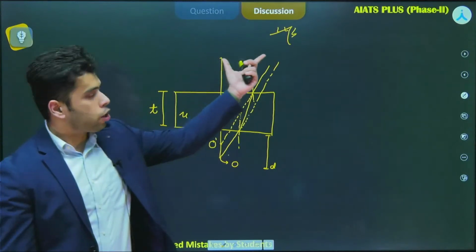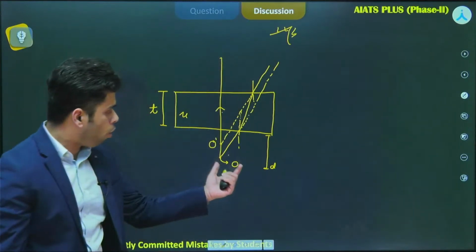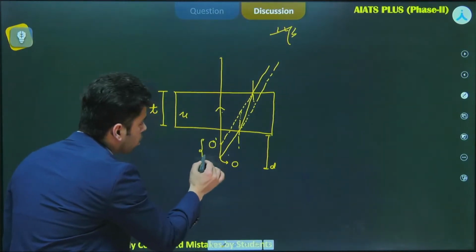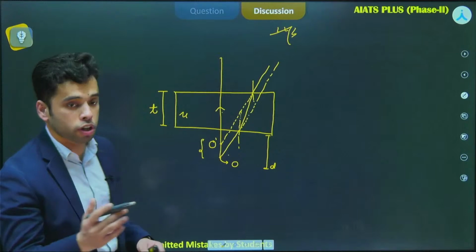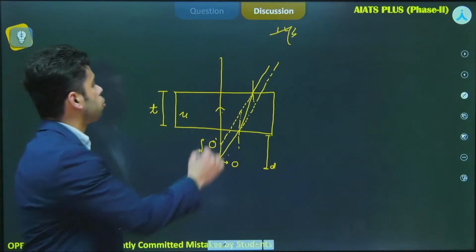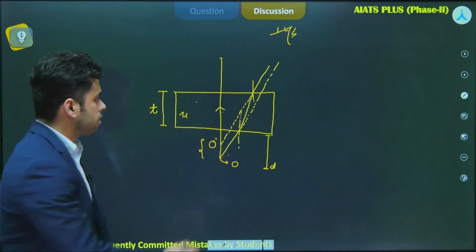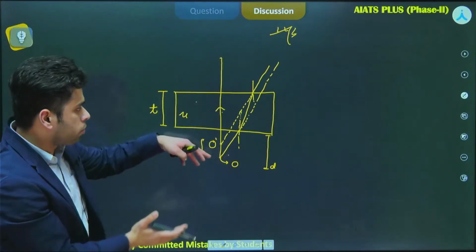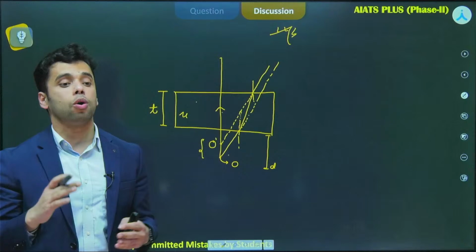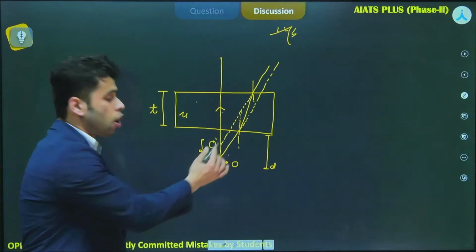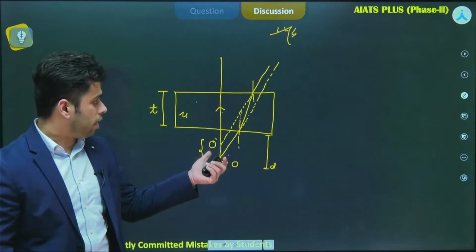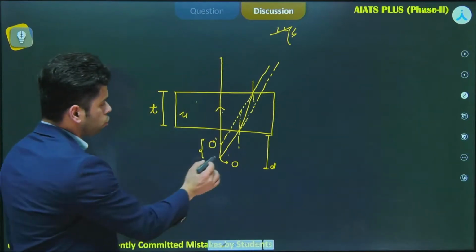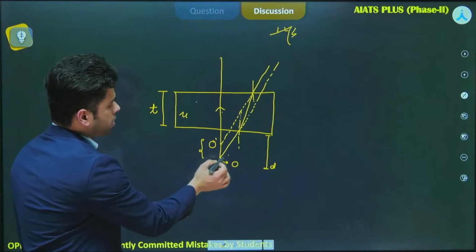This is the amount of displacement, or the distance through which the object has been displaced due to this glass slab. Since this displacement is along the normal, it is also called the normal shift, because this takes place along the normal direction. So this object O seems to be at O prime.